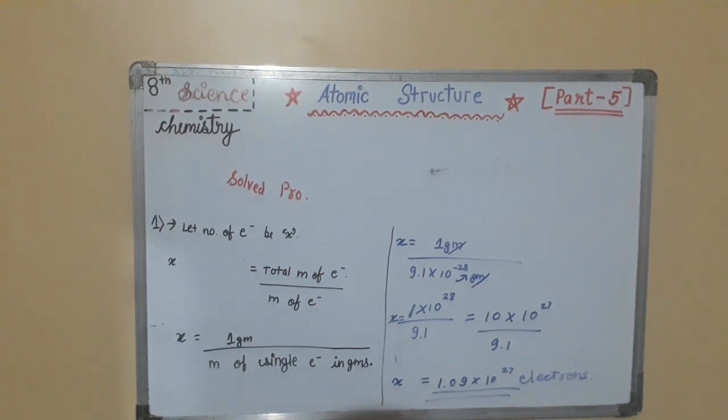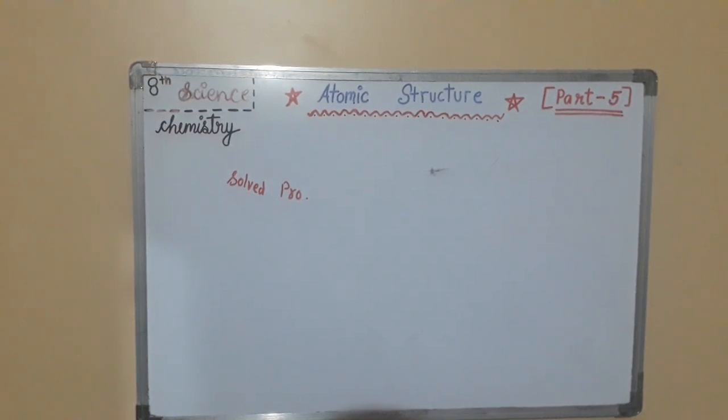Now the next question is: Faraday is the biggest unit of charge and is equal to 96,500 coulombs. Find the number of electrons that make the biggest unit of charge.